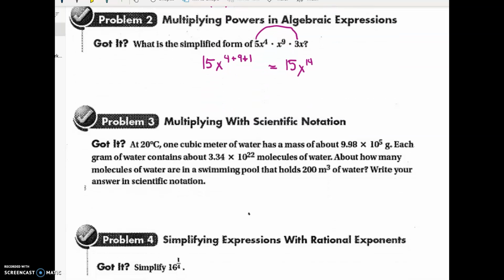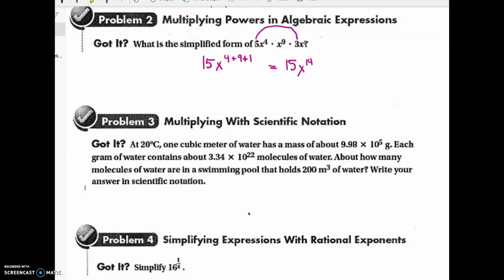Now, like I said, we'll see scientific notation pop up occasionally, especially because they have the same base. So we're going to use the commutative property here. Remember, the commutative property means you can switch the order. We can also regroup using the associative property, and combine to get the answer here.